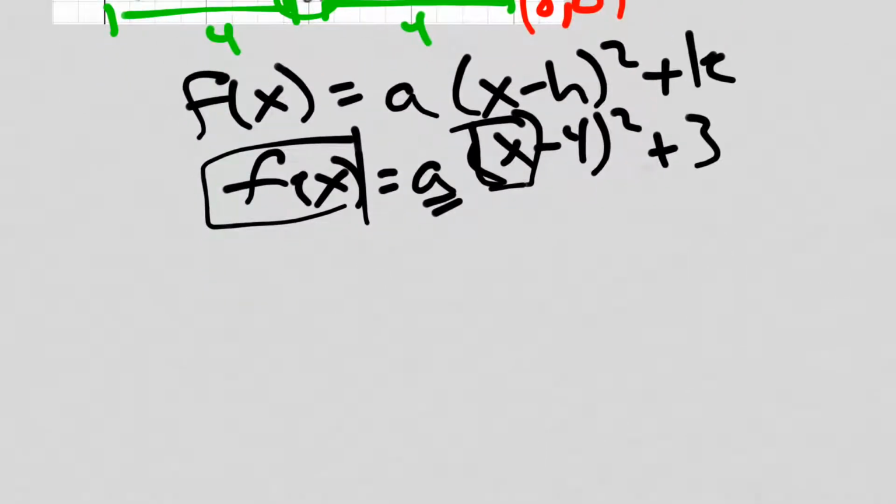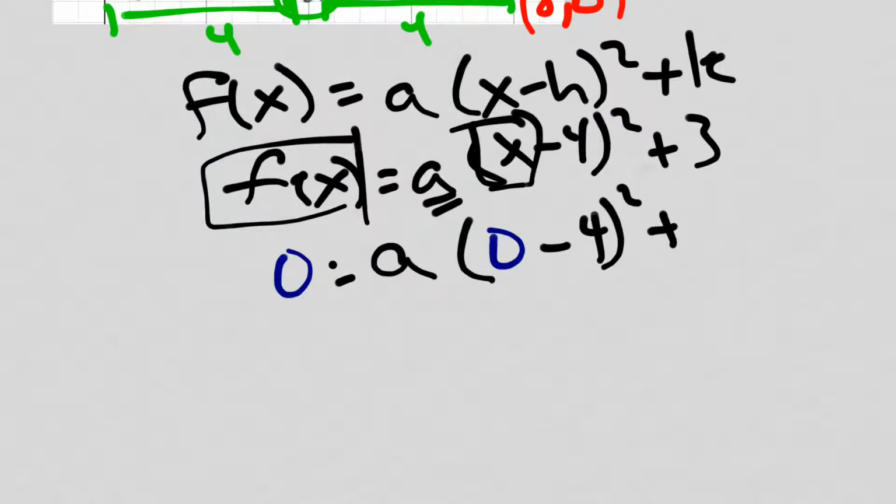So we'll go ahead and start at 0. And that will equal some letter I don't know yet, the value of our scalar, times the quantity of our other, our x value is 0, and then minus, now our h is 4, quantity squared plus 3.